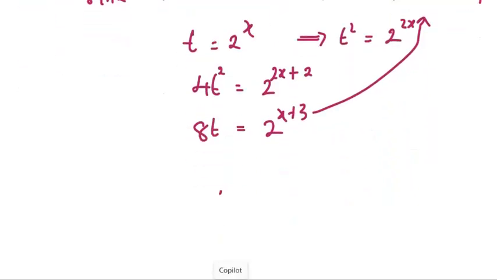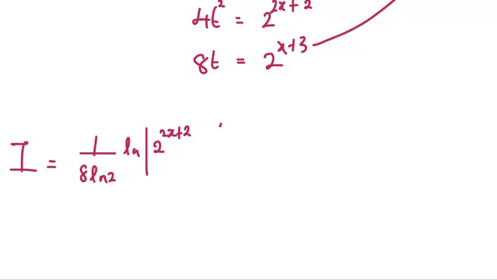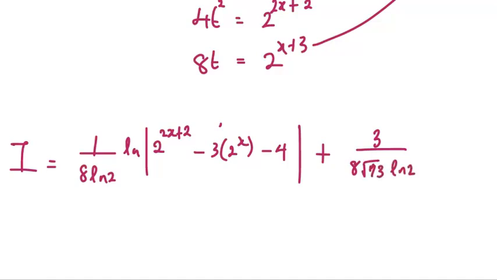So finally our I is going to be equal to 1 over 8 ln of 2 times the ln of 2 raised to the power of 2x plus 2, minus 3 into bracket 2 raised to the power of x, and then minus 4, and plus 3 all over 8 square root of 73 times the ln of 2.